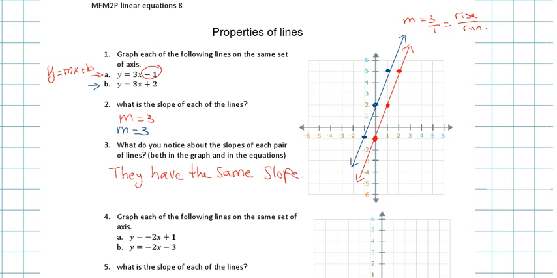So why do you think they are parallel lines? What feature made them parallel to each other? The slope.